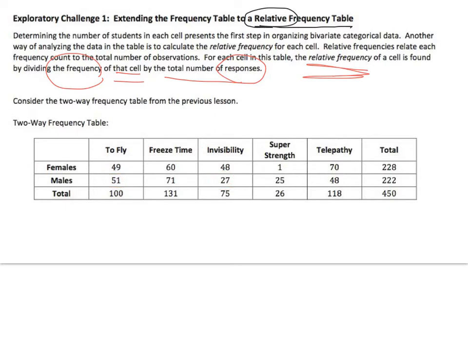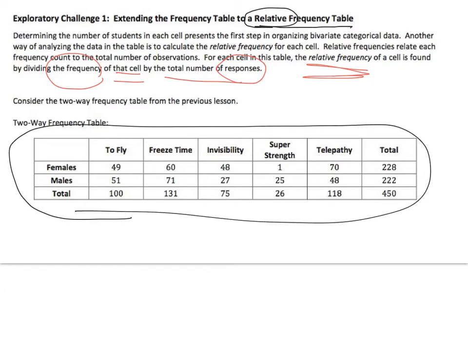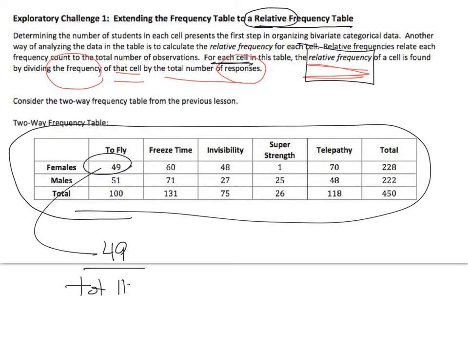We're going to take the data in this table and look at each cell, and we're going to find out the relative frequency of a cell by dividing the frequency of that cell by the total number of responses. Cool.